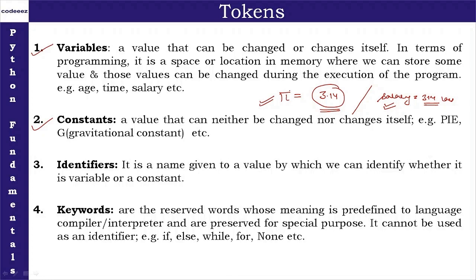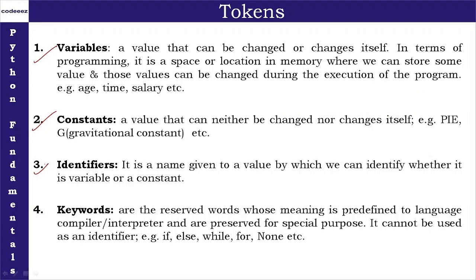Means we are able to identify whether it is a variable or a constant by the name given to it, correct? So the name that we assign to a value, by which we are able to identify whether it is a variable or a constant, is termed an identifier. It is simply a name given to a value by which we can identify whether it is a variable or a constant. This is what an identifier is.